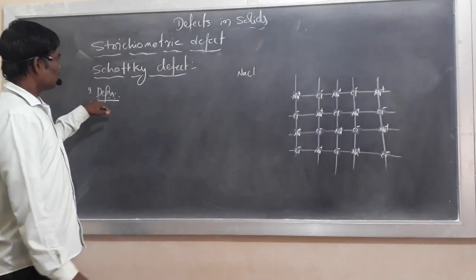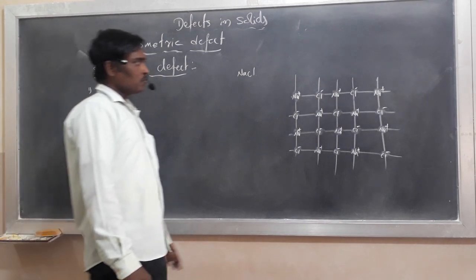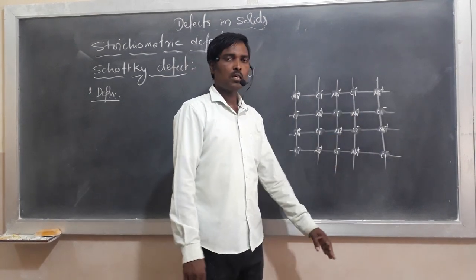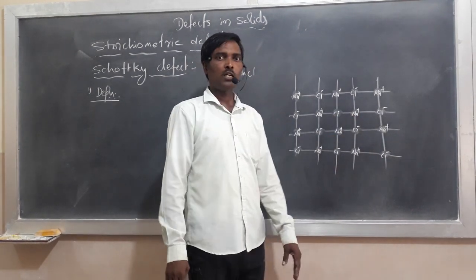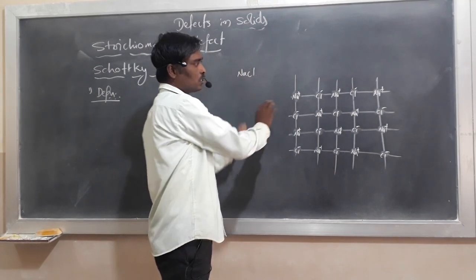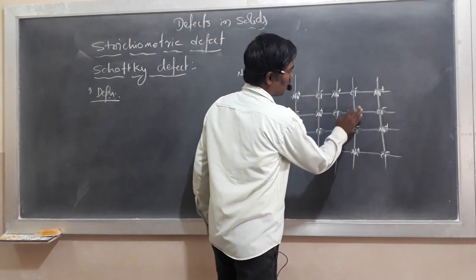Now, what happens in Schottky defects is that some of the cations and some of the anions are missing during the formation of that sodium chloride crystal. So during formation of the solid sodium chloride crystal, some lattice points are vacant.